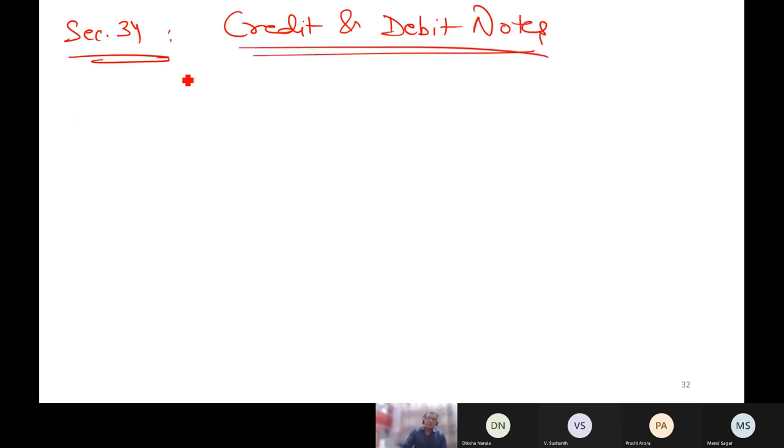Now before explaining to you credit and debit notes, let me assume an example. I supplied 10,000 pens at rupees 10. So the value is 1 lakh.